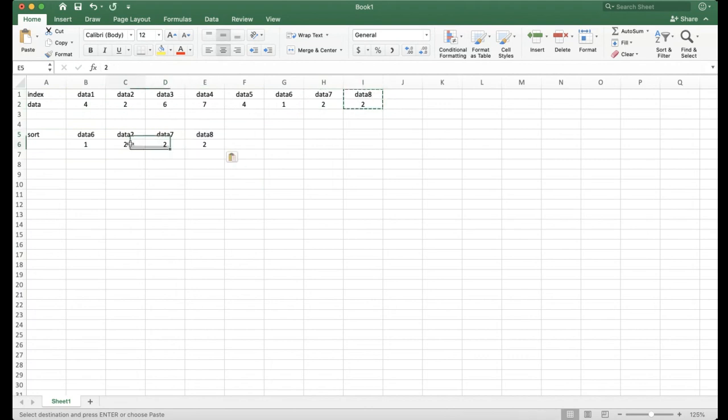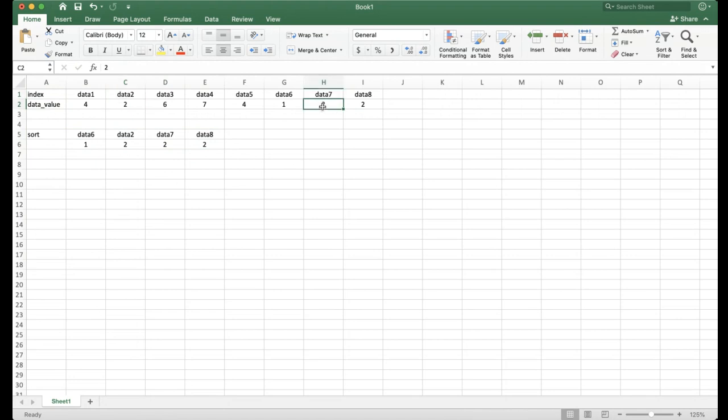This algorithm is going to sort them, and not only is it going to sort them, it's going to keep the relative order. So first data 2, then data 7, and then data 8. Although the value of all of them is 2, it's going to keep the same exact order that they came in, the relative order.